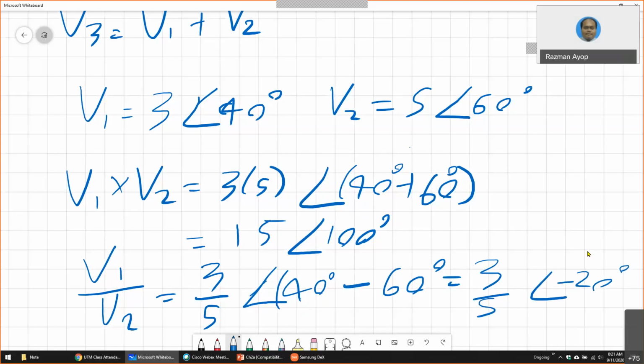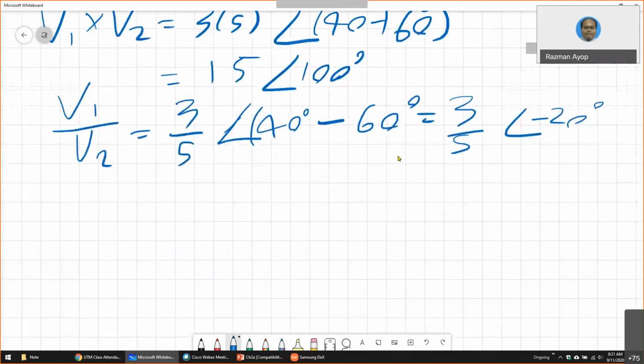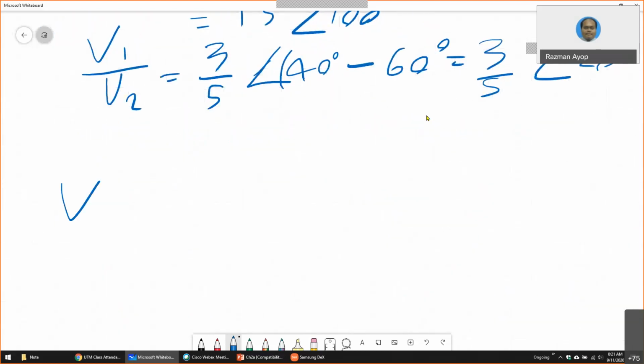But what happens if, for example, V4 is equal to 3 plus j4 and V5 is 5 plus j6?